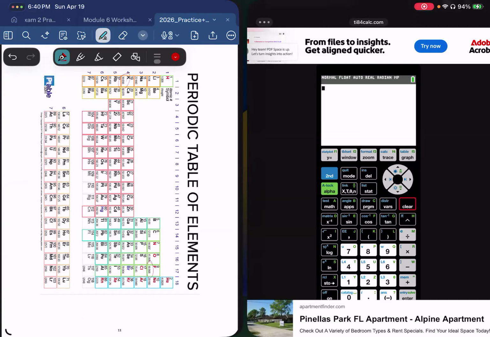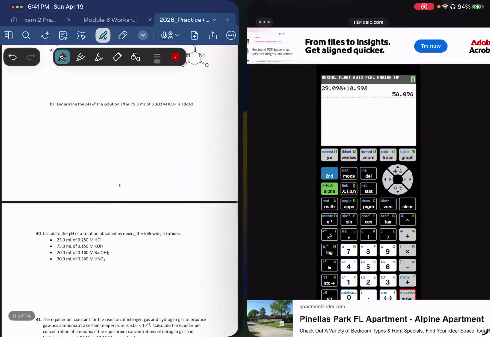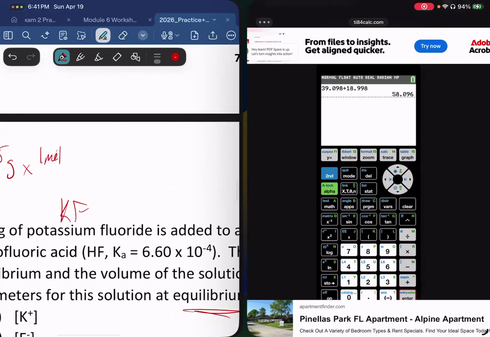So let's add those two: 39.098 plus 18.998. That's the molar mass of KF. So you want to make sure you remember how to do that. It's not a hard step, but just make sure you remember that.